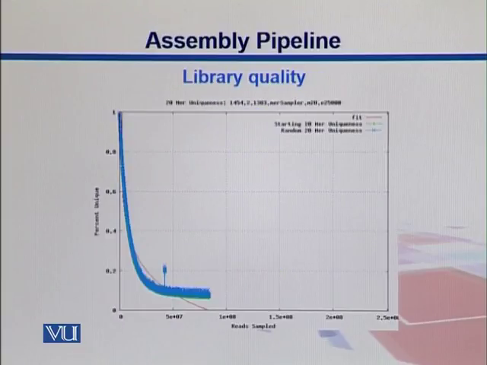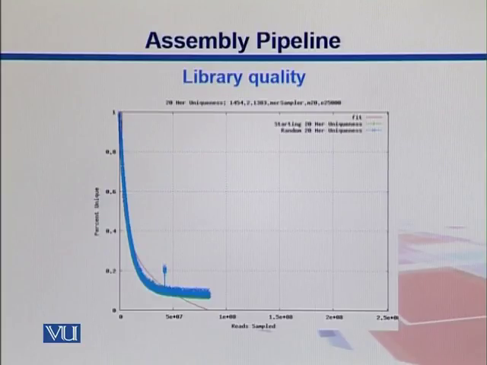Here we see the library qualities, how good our library preps were. There is another metric which we call 20-mer uniqueness. We take those reads and look into small segments of 20 nucleotides, and we look for how many unique 20-mers there are.